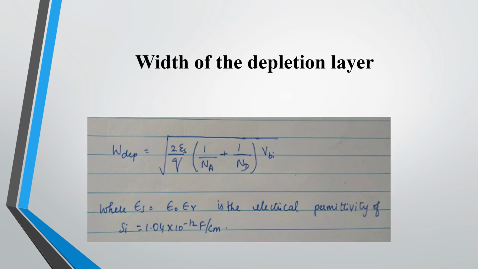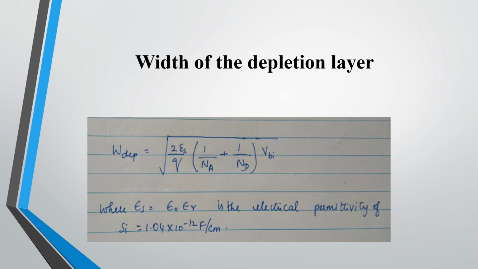This is the formula for the width of the depletion layer. Width of the depletion layer can be represented as square root of 2 times epsilon s divided by q, times 1 by Na plus 1 by Nd, times Vbi, where Vbi, as we know, is the barrier potential. It has an effect on the depletion layer.